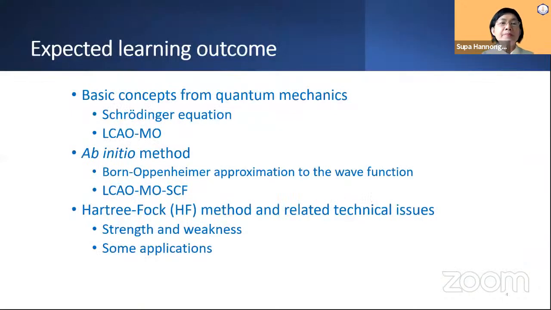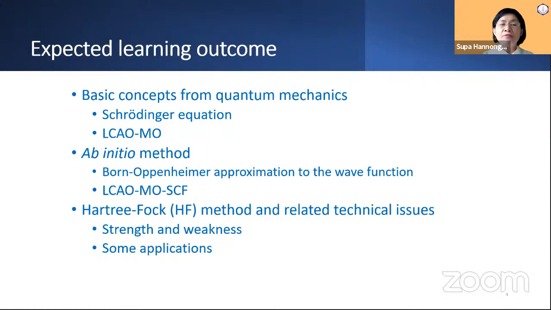The expected learning outcome for today is that you will recall the basic concepts from quantum mechanics, which focuses on how to solve the Schrödinger equation in order to get precise results. To solve the Schrödinger equation, we have approximations.